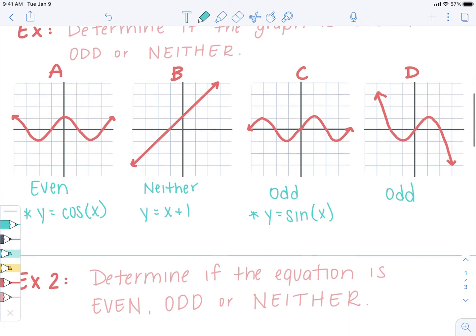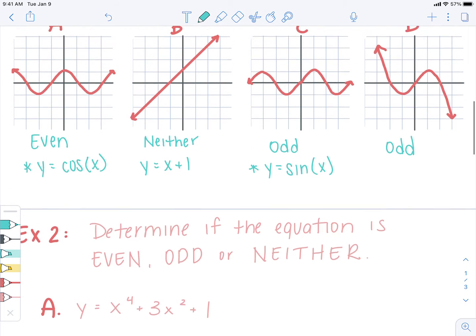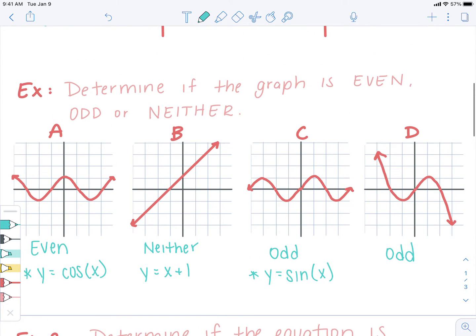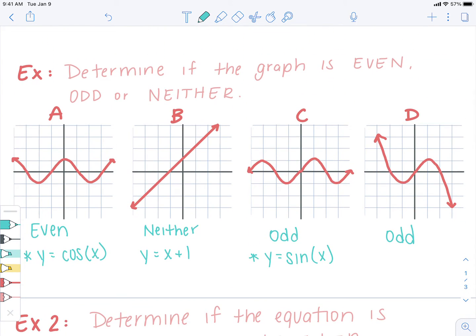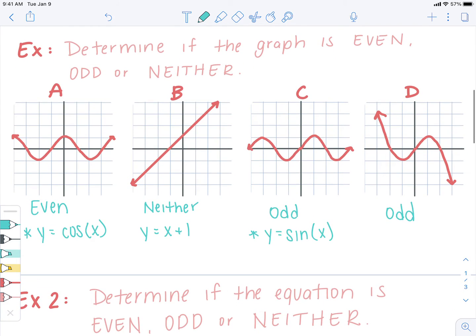So then I could also give you, don't both? I'm just so excited. The next ones I'm going to give you the equations. I'm going to ask you to determine if the equation is even, odd, or neither.